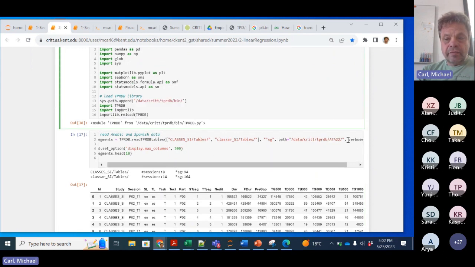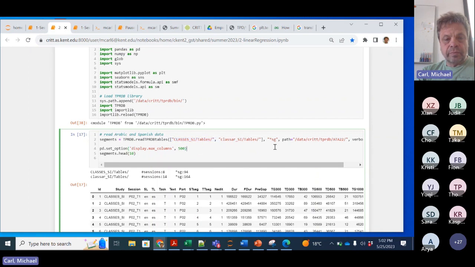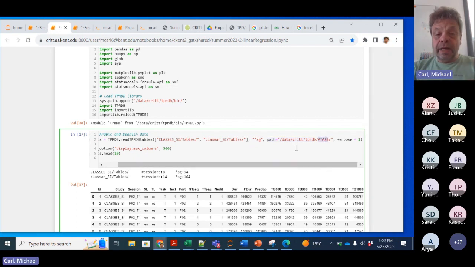And again, this function, read TPRDB tables, takes a list of tables that are supposed to be read, and a path to the user or to the TPRDB.